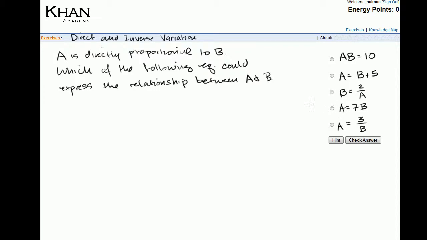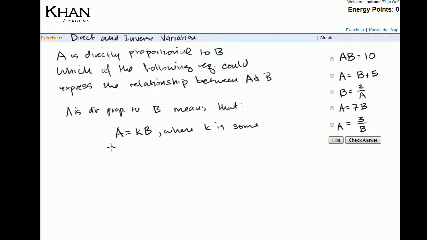And so when the student clicks on the hint, you could say A is directly proportional to B means that A is equal to K times B, where K is some constant.